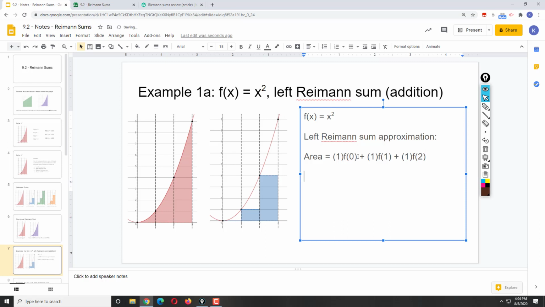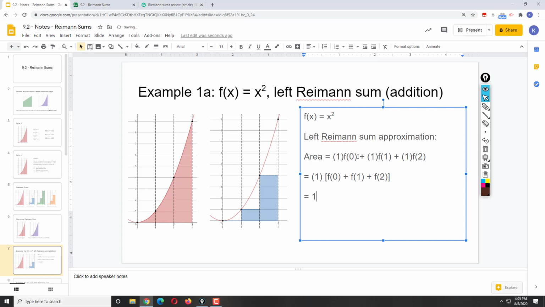Okay. So it's going to equal, I'm just going to factor out the 1 for the length of this interval. It's going to be 1 times f of 0 plus f of 1 plus f of 2.